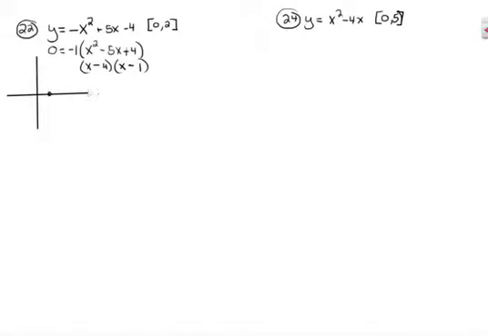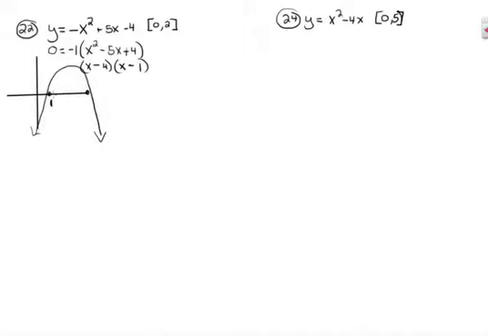So here's 1, here's 4. It's an upside down parabola, so the vertex is going to be somewhere in between these two. And so the graph probably looks something like that. And they want me to integrate from 0 to 2, and this is at 1.